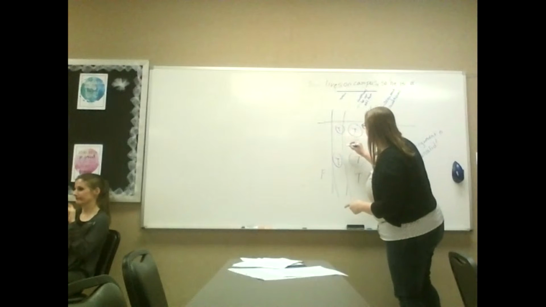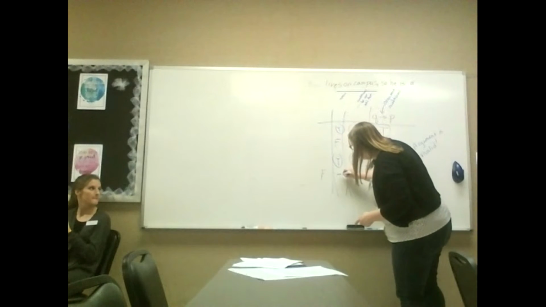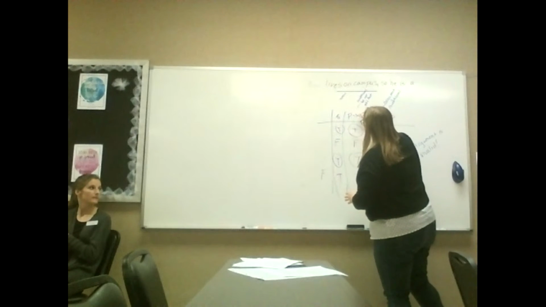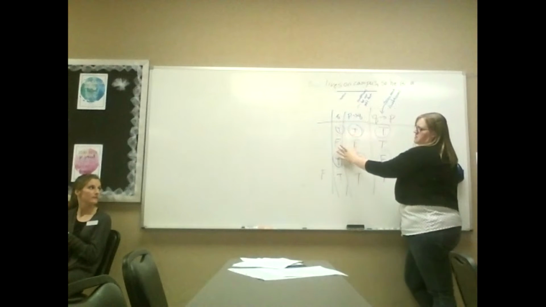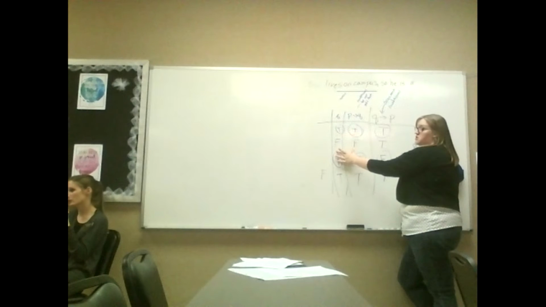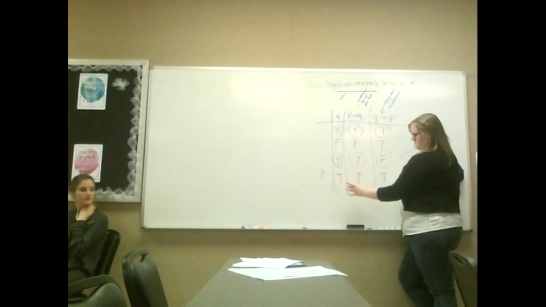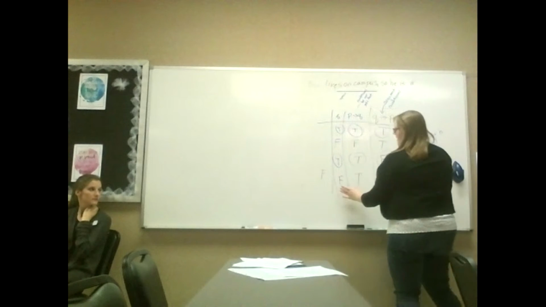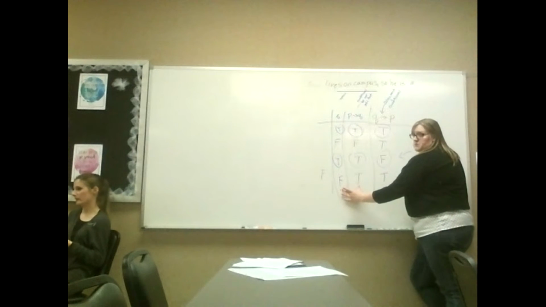Sometimes it looks something like that. In this one, this was Q, this was P implies Q. In this situation, both of them were false, so we didn't want to circle. In this one, this one was false, so we didn't want to circle. They both had to be true in order to warrant a circle. So then you just circle the third one because it was the same row as the other one? Exactly.